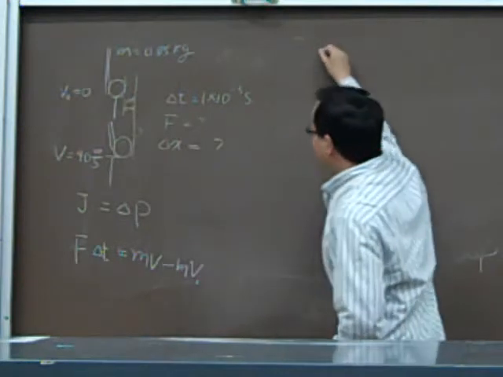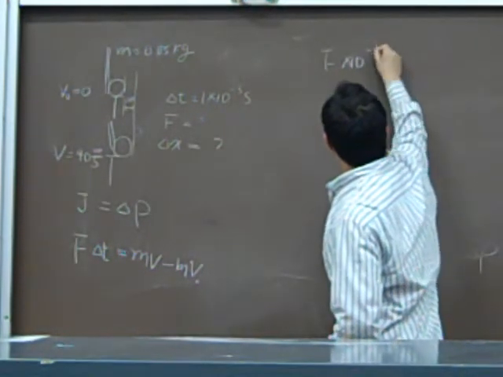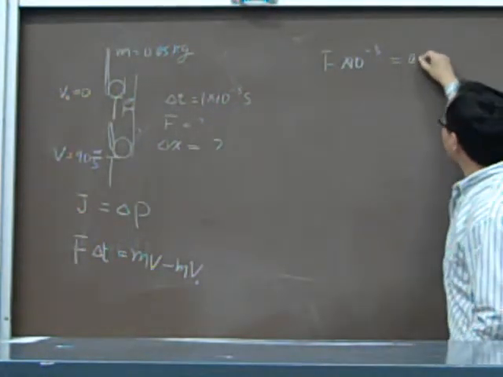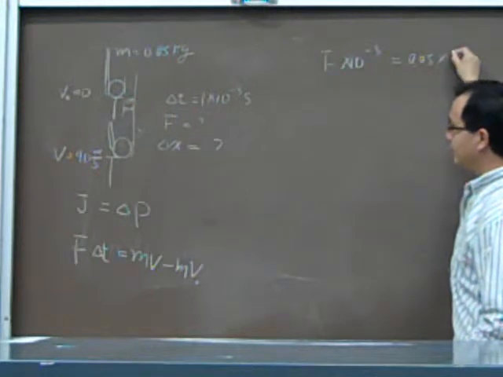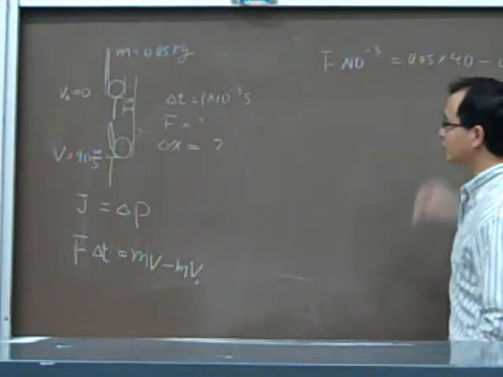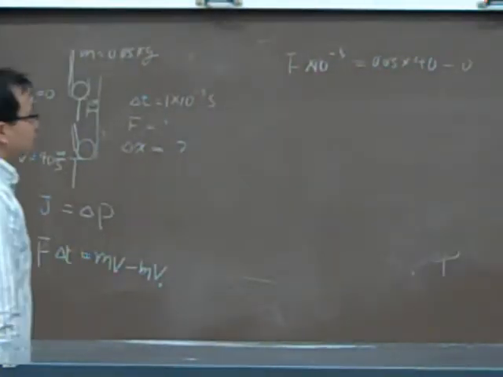So of course, you can find the force. You have all the numbers: F times 10 to the power of negative 3 equals 0.05 multiplied by 40 minus 0. Initial velocity is 0, multiplied by mass, still 0.